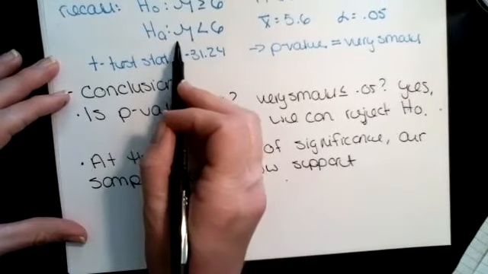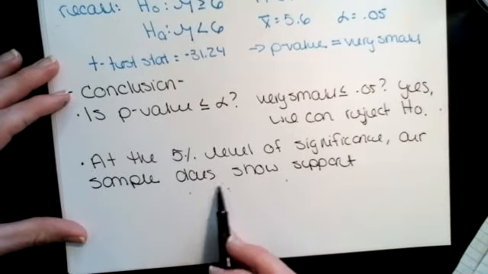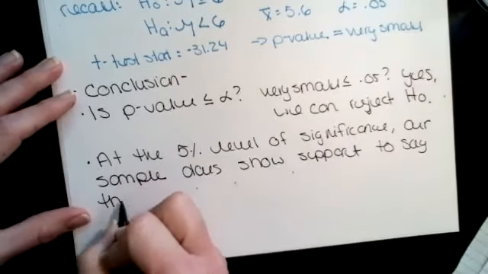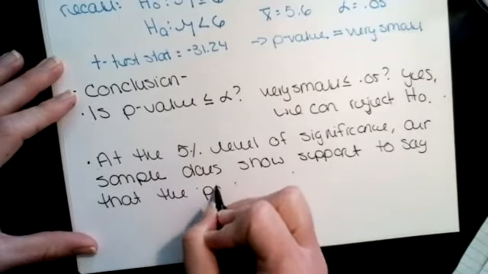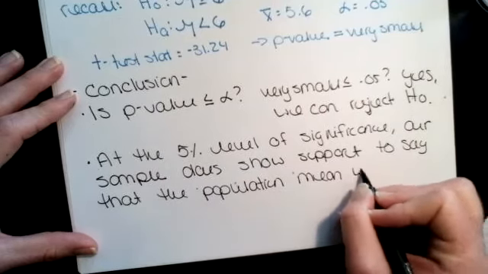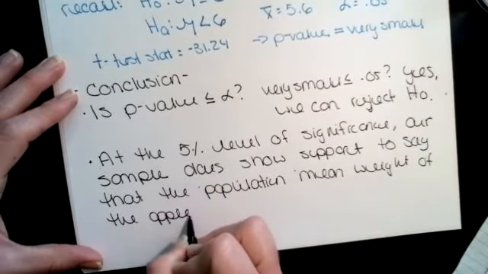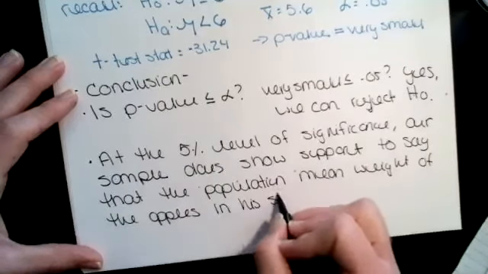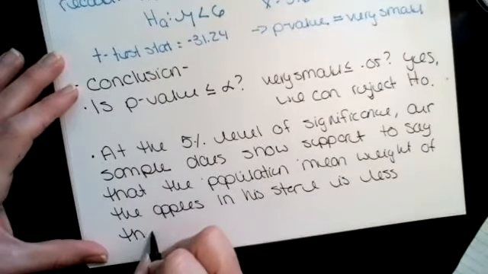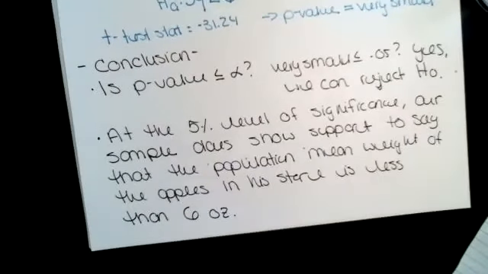And my goal is, remember, for my HA to be true, so that the population mean weight of the apples is less than 6 ounces. So to show support, to say that the population mean weight of the apples in his store is less than 6 ounces.